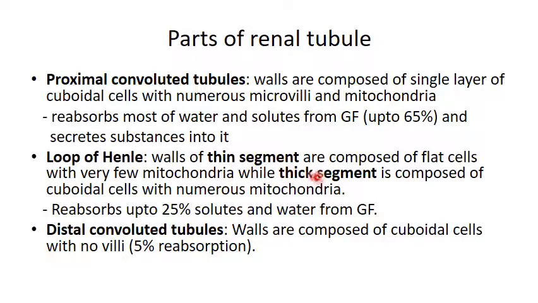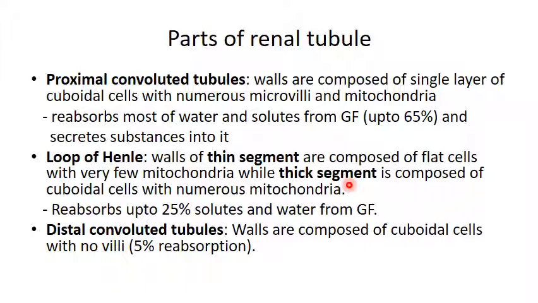Then the next part is the loop of Henle. Its walls are divided into the thin segment and the thick segment. The thin segment, which makes the descending limb and the lower half of the ascending limb, is composed of flat cells which have very few mitochondria.